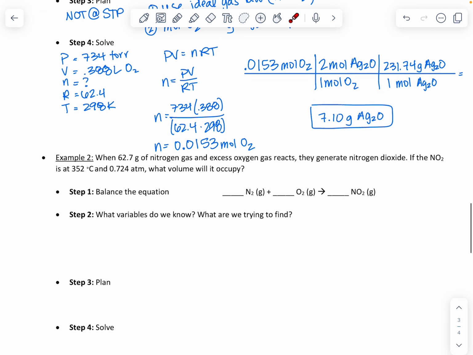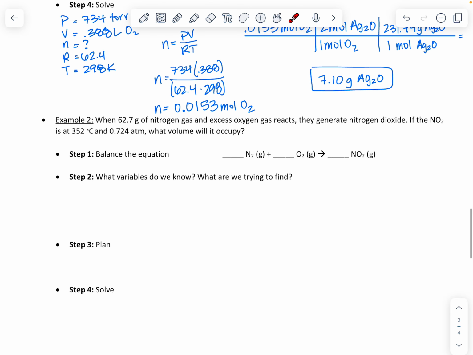Okay, example 2. So this way is going to be a little different. We are going to know the mass of something. We're going to have to do stoichiometry as our first step, and then we're going to have to solve ideal gas law as our second step. So it's going to be a little bit of a reverse from what we did in our first example. So 62.7 grams of nitrogen gas and excess oxygen react.